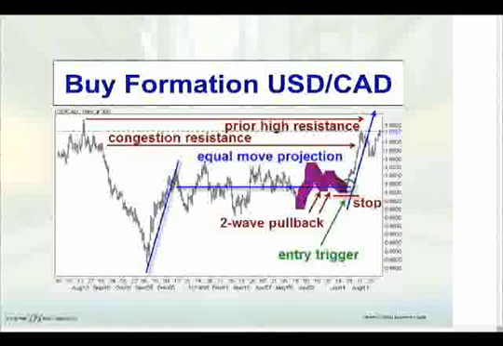In the previous presentations, we had talked about these two-wave pullbacks and how the momentum shifts and how you can utilize that for timing your entries. So the actual entry on this position was a break of the trend channel here, right here, on that two-wave pullback.